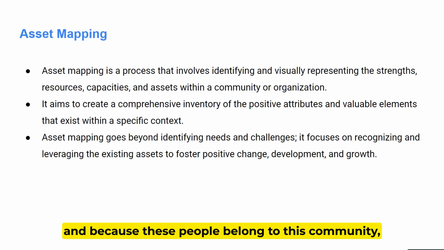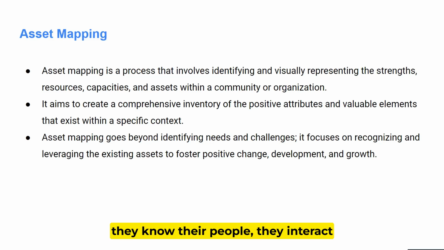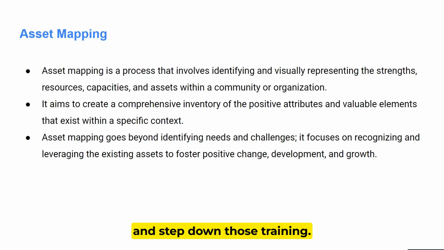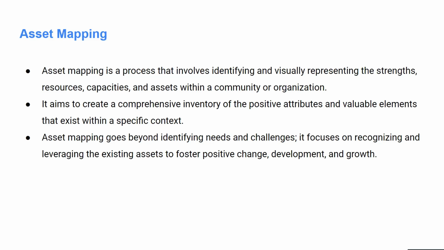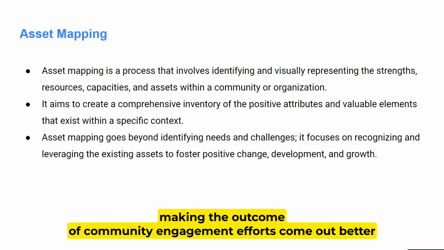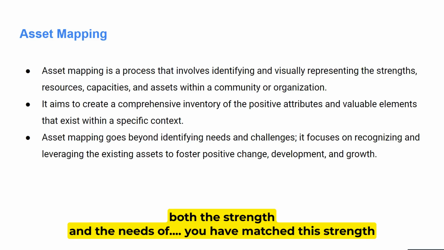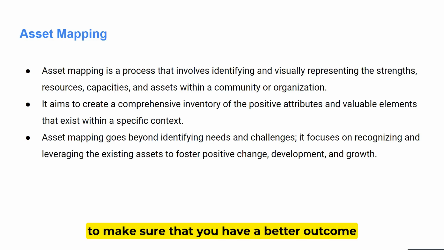And because these people belong to this community, they know their people, they interact with them well, they can go back to the community and step down those trainings. So that is another way of making the outcome of community engagement effort come out better, because you have merged both the strengths and the needs together to make sure that you have a better outcome from your community engagement efforts.